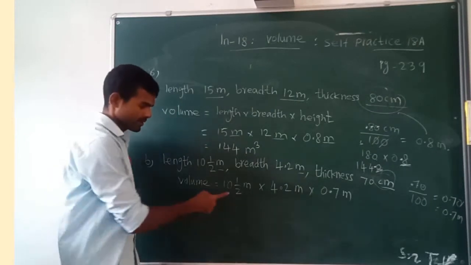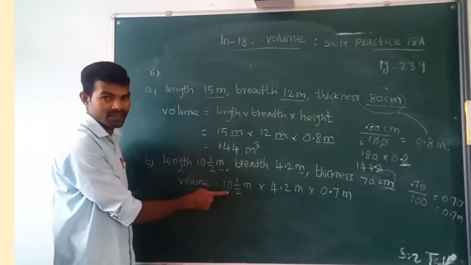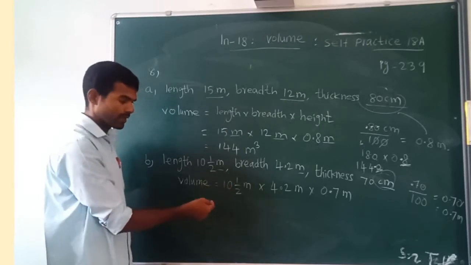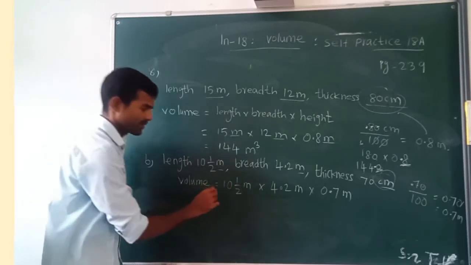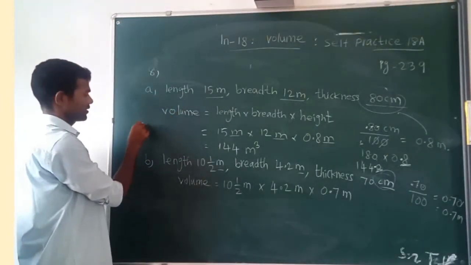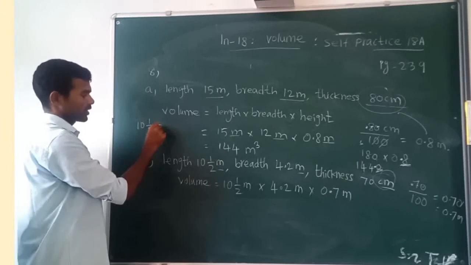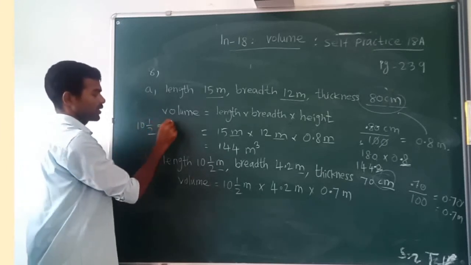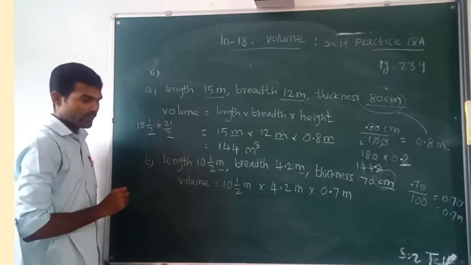Now see, this is a mixed fraction. Convert this into an improper fraction. For 10 1 by 2, 10 multiplied by 2 is 20, plus 1, 21 by 2.